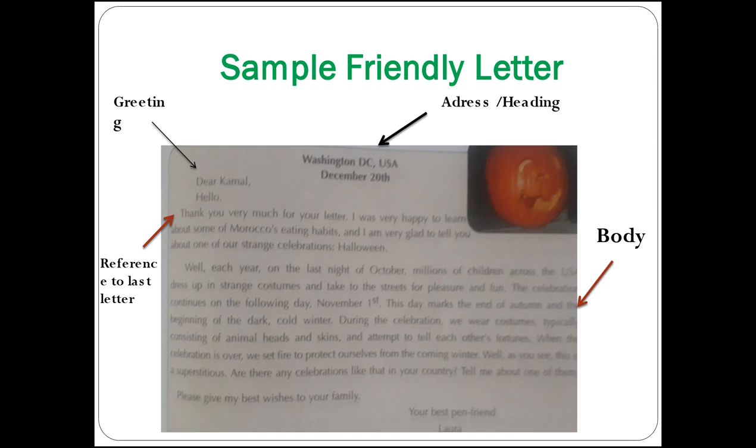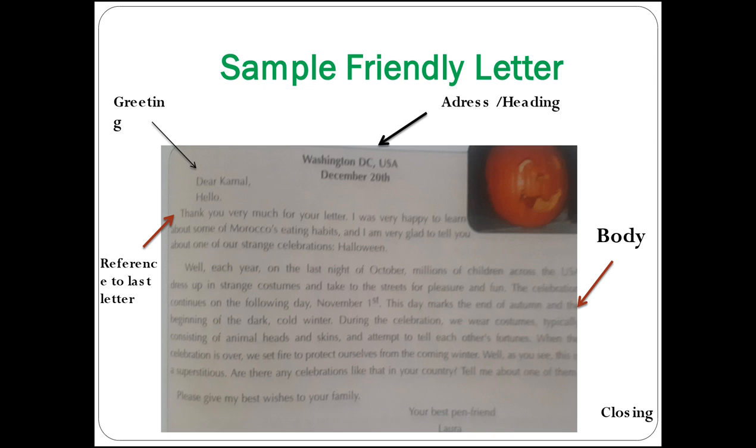So here Laura is giving information about Halloween. And the last part of the letter, it means you finished everything. So you close, you say your best pen friend, your best pen pal, your best friend. There are different ways to close your letter. So this is concerning the layout of the letter.